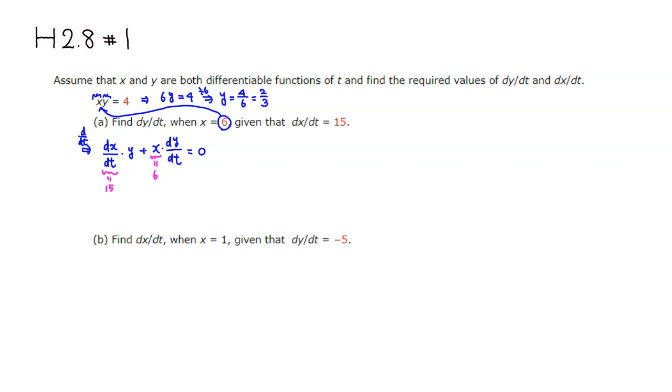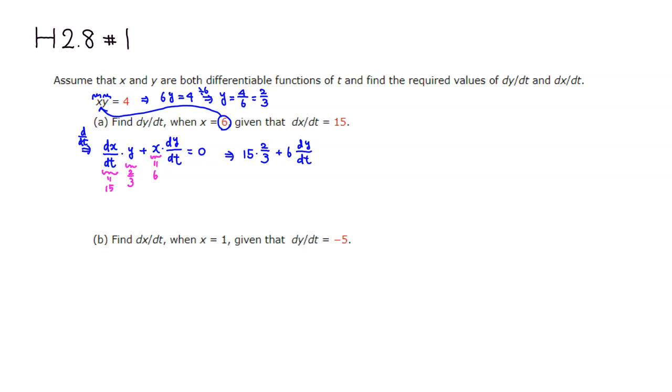So we can plug in 2 over 3 here. I'm going to write it out: 15 times 2/3 plus 6 times dy over dt.